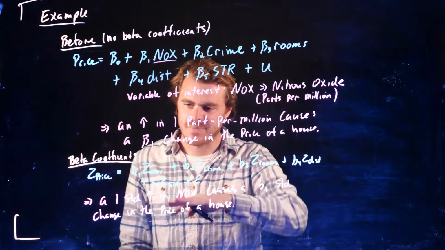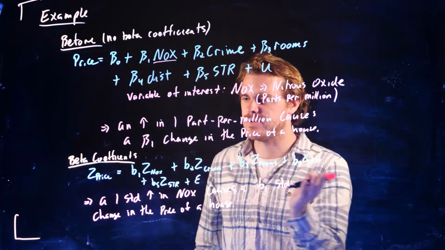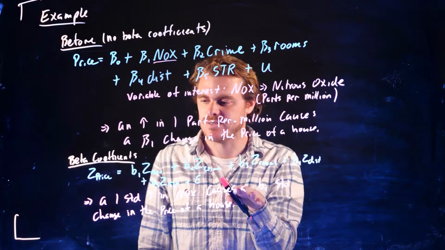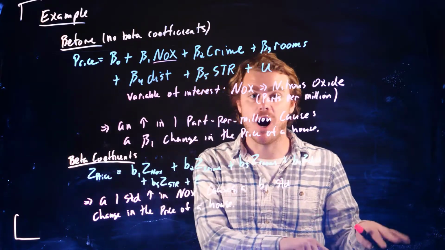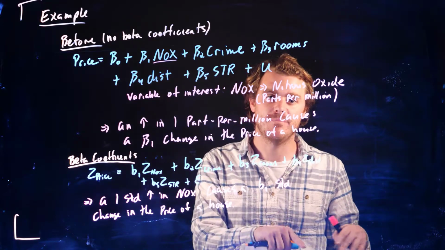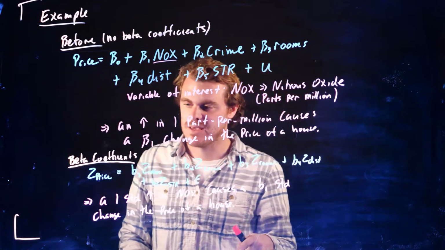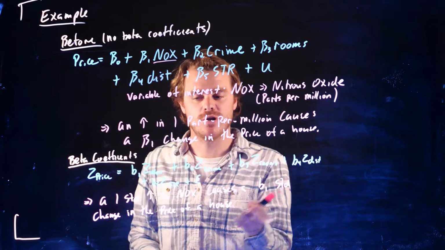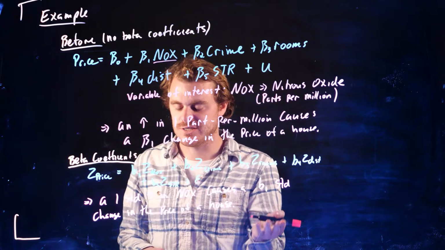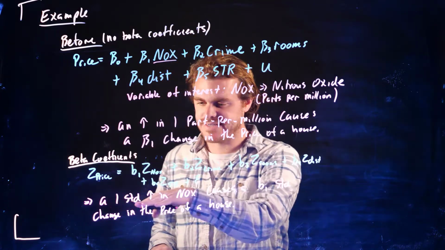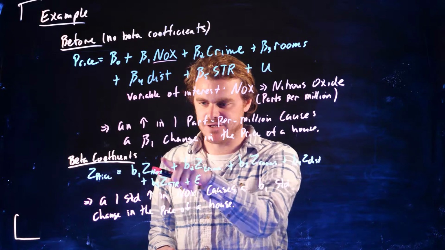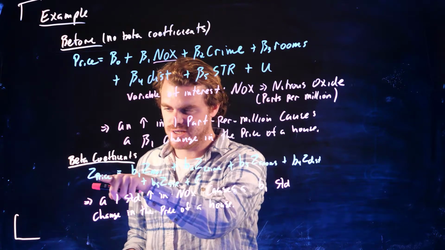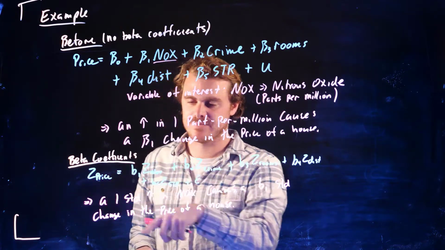So now, again, it's about standard deviation changes once we take the beta coefficients. Once we apply this transformation to our regression, that's just going to be an option on the end of a regression, it's going to be like comma beta or something like that, I think it is. So it will automatically transform your variables, and your output, you can interpret it in terms of these standard deviations. So 1 standard deviation increase in nitrous oxide causes a B1 standard deviation change in the price of a house.